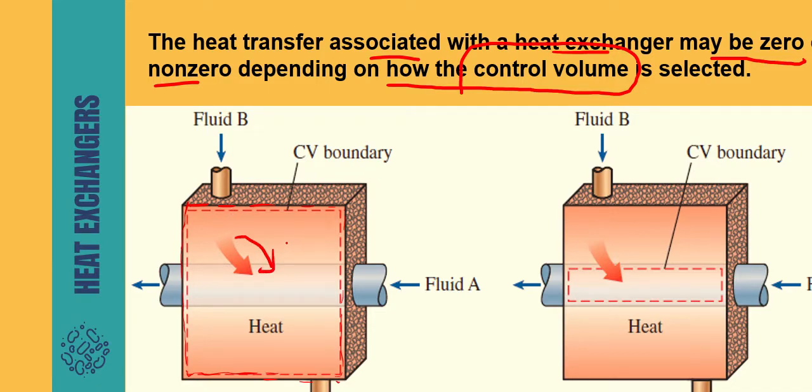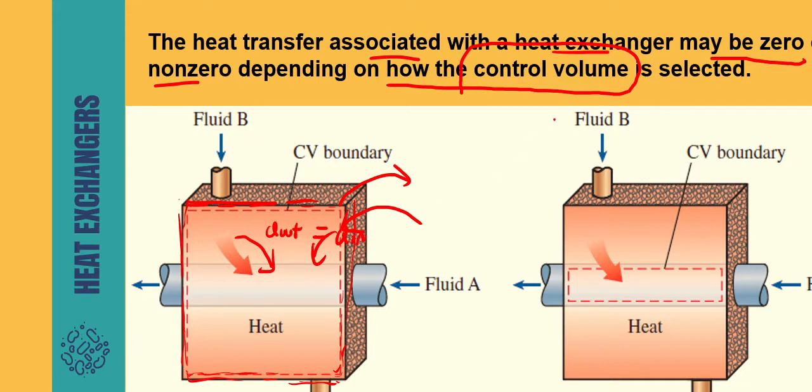This is Q out from fluid B, and it is also equal to Q in for fluid A. They are both in the system here, but there is no heat transfer from the system to the surrounding or from the surrounding to the system. So that's why if you consider the entire heat exchanger as your system, there is no heat transfer.